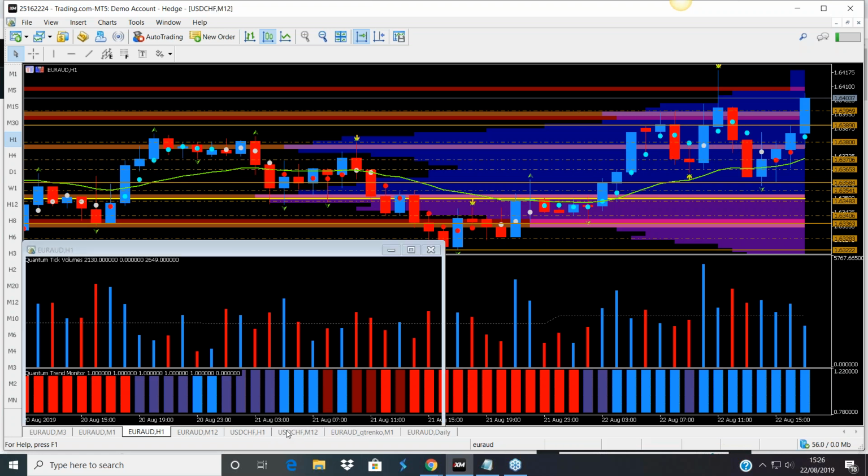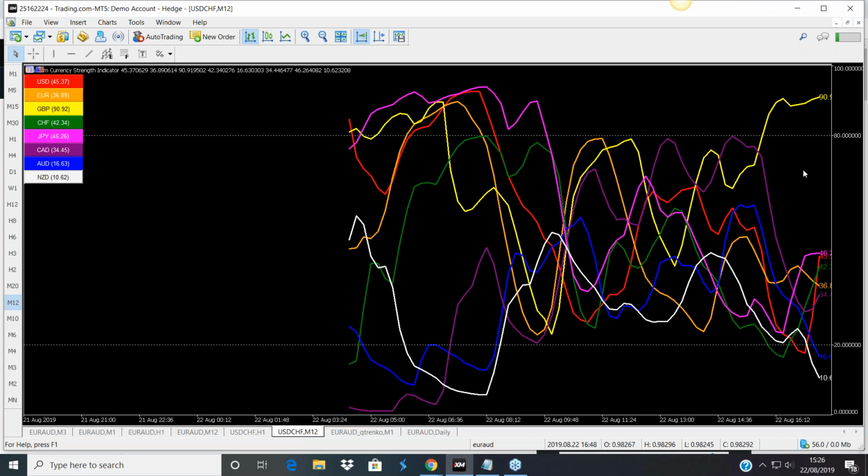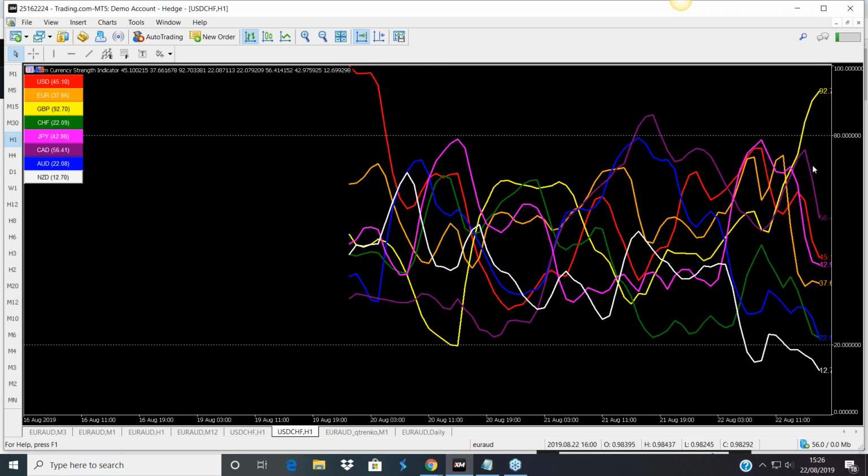Now with Forex, those of you who know, we use our currency strength indicator, which basically tells us what the individual currencies are doing at any particular time. If I hover over here, you can see 8 o'clock. This is actually 6 o'clock, which was the time that I came to my screen. The euro had been bought overnight.